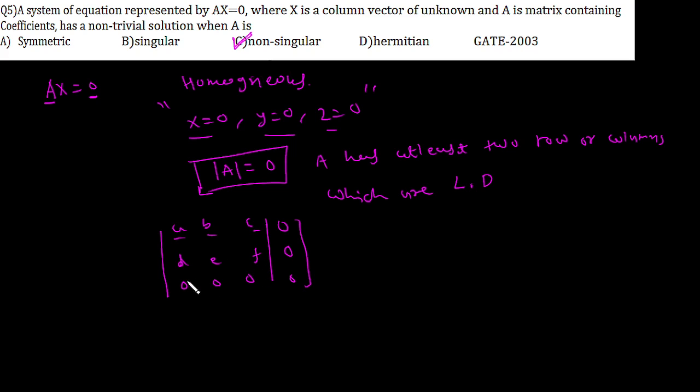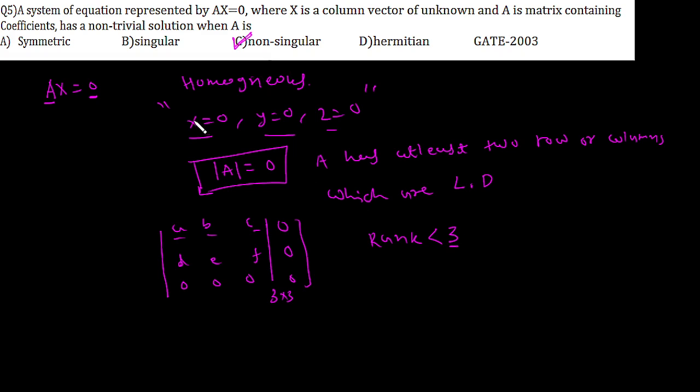Now we can see the rank of this matrix is always less than the order of this matrix, which is 3 by 3 here. So it may be possible the rank is 1 or 2, but it must be less than 3, and then the determinant will be 0. So the rank must be less than 3.